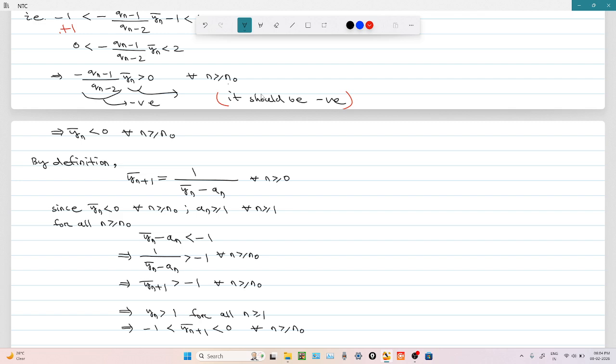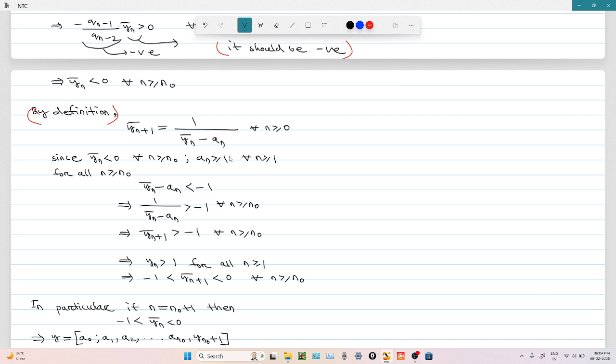By definition we know the conjugate of y n plus 1 equals 1 by yn bar minus an, for all n greater than or equal to 0.